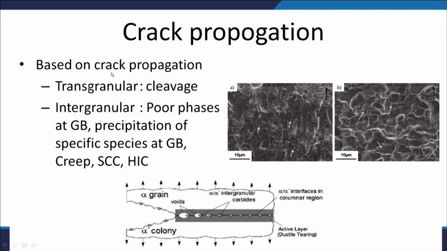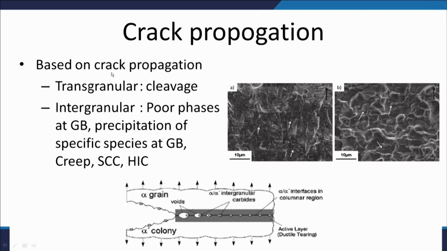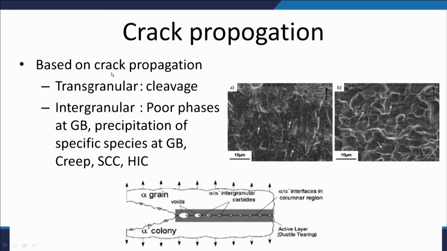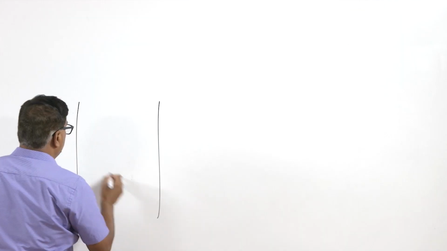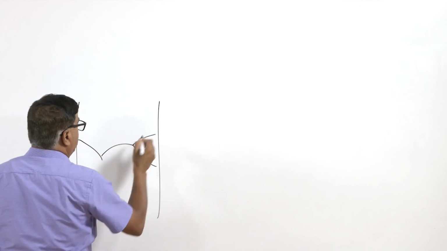Now, how does the crack grow? Based on the crack propagation, we can have transgranular fracture, which is in the form of cleavage facets, or intergranular fracture, which may happen under certain conditions, wherein poor phases are present in the metal, and the crack will grow preferentially along certain grains.